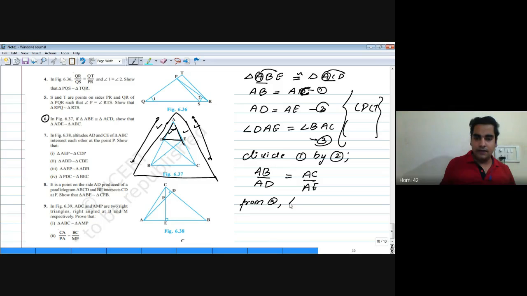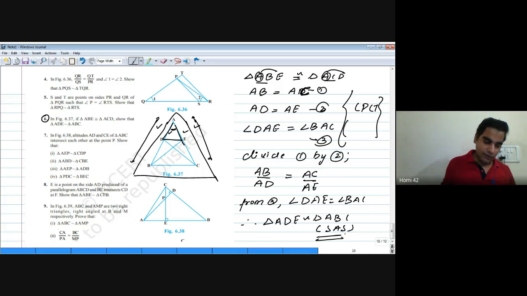From 3, we have angle DAE is equal to angle BAC, right? So can we say that these two triangles are similar? Triangle ADE is similar to triangle ABC by SAS. Can we say it or not? That proves our result. Yes, we got the answer.